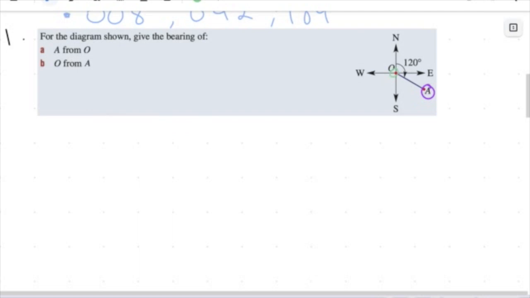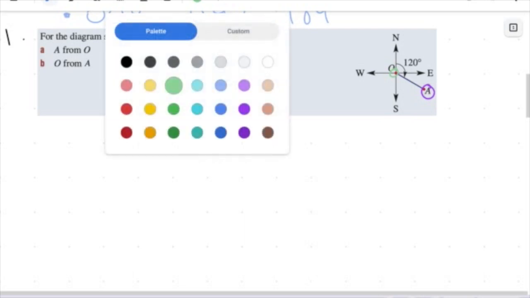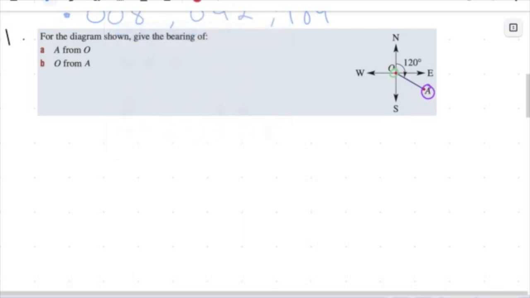Now, in this particular question, we are actually given a number. Here, I can see this angle is 120 degrees.